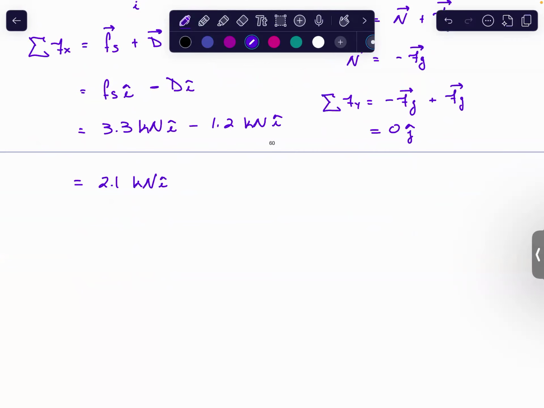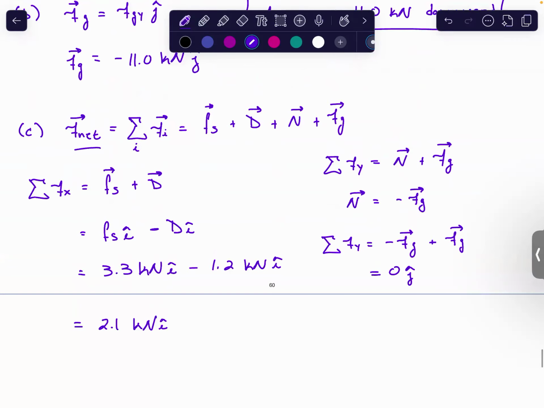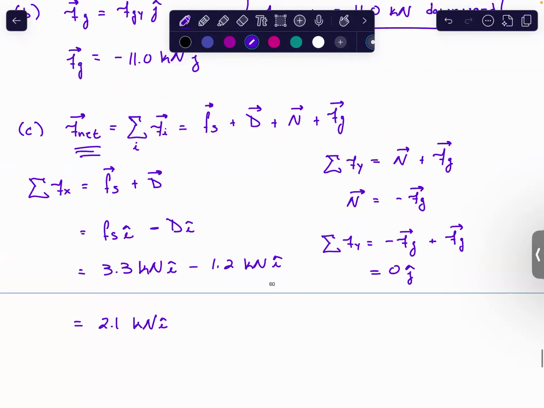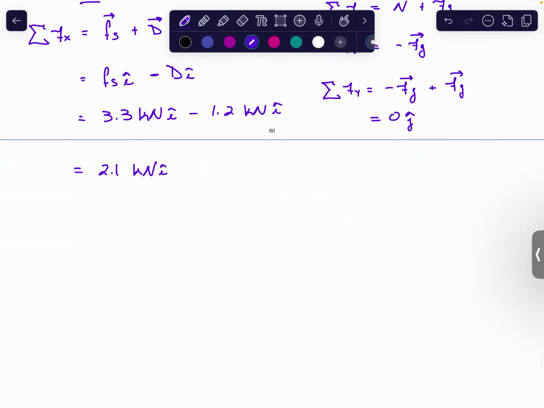Let's go ahead and look at the total force in terms of the addition of all of these vectors. That is going to be 2.1 kilonewtons I hat plus 0 j hat.